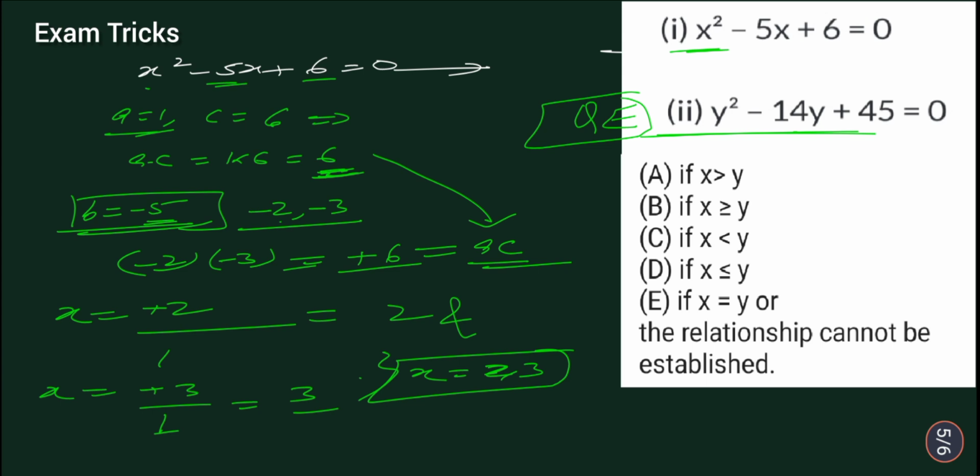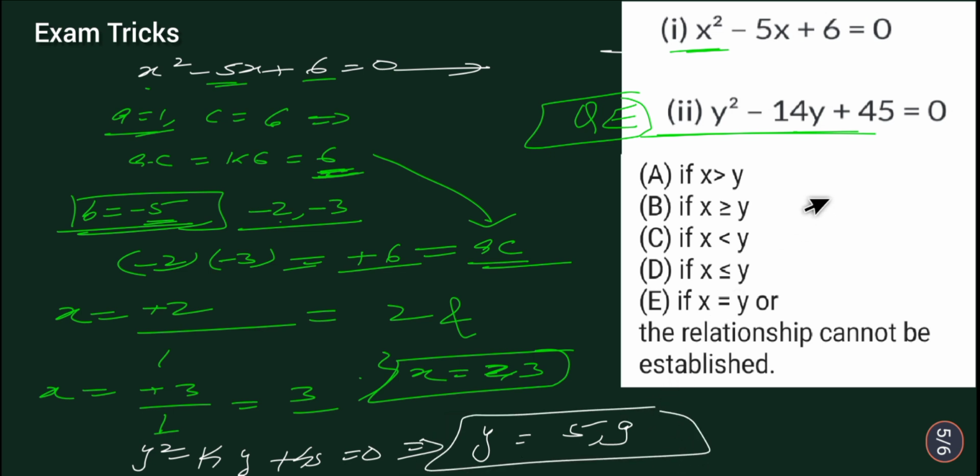In the previous example we solved y square minus 14y plus 45 is equal to 0, and we got the value of y, that is 5 and 9. Now we can compare. Let's see the options. Option A, x greater than y. Option B, x greater than or equal to y. X less than y, x less than or equal to y, and x equal to y or relationship cannot be established.